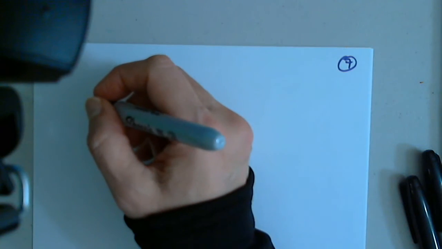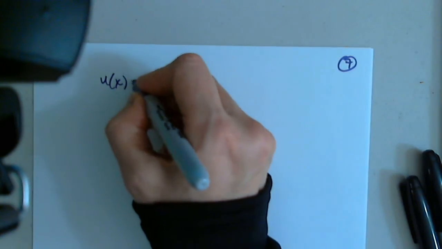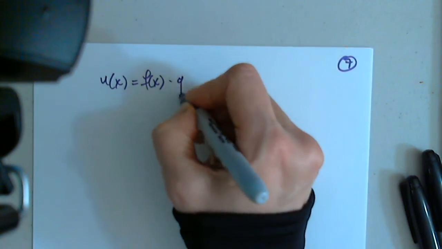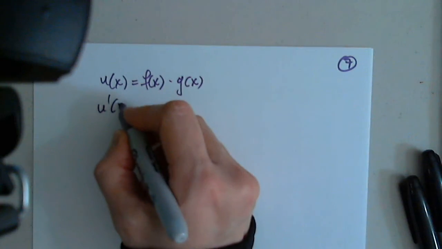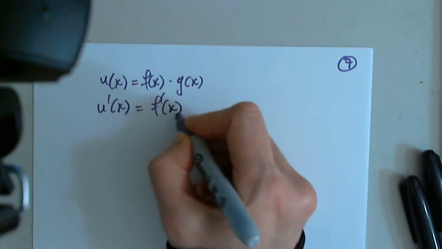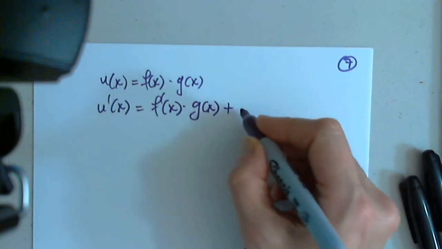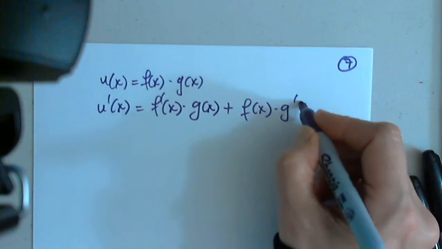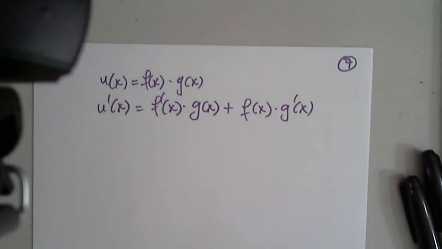Okay, we had a similar problem in class together on this. So we have u of x, which is f of x times g of x. So I have to find the derivative first, which is f prime times g of x plus f times g prime.